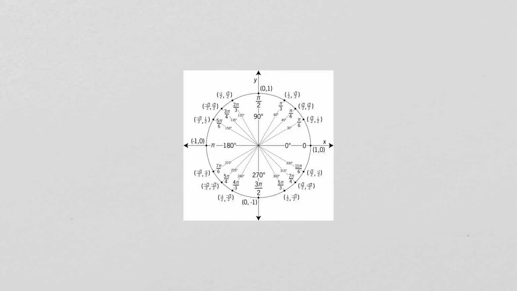All right, so I'm going to add that unit circle back in here one more time and keep it up here for us to use. Okay, so for example, find the exact value of A, the sine of 180 degrees.